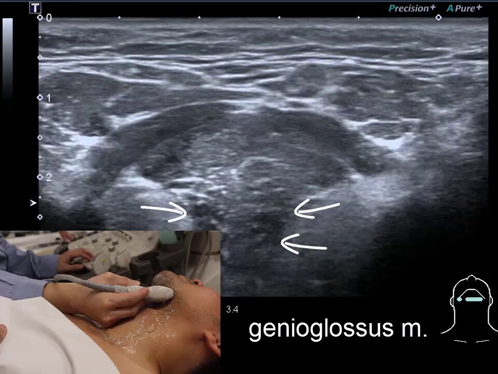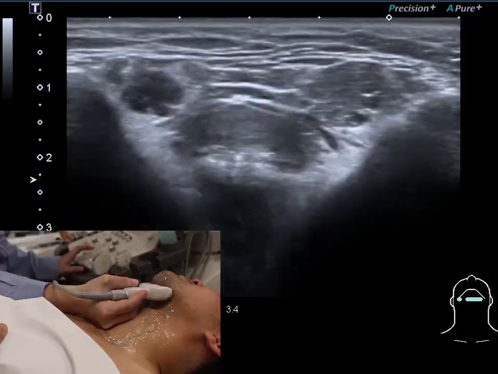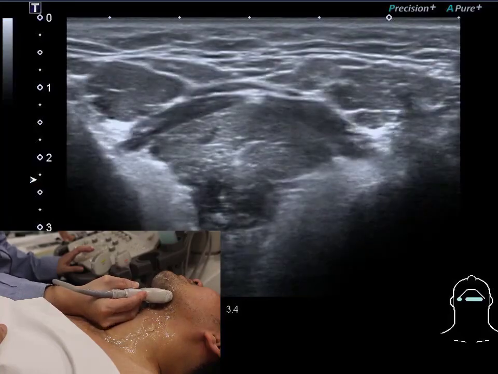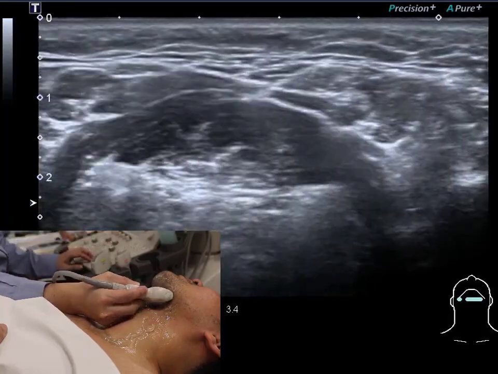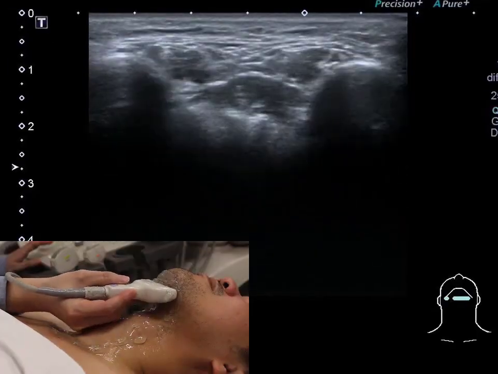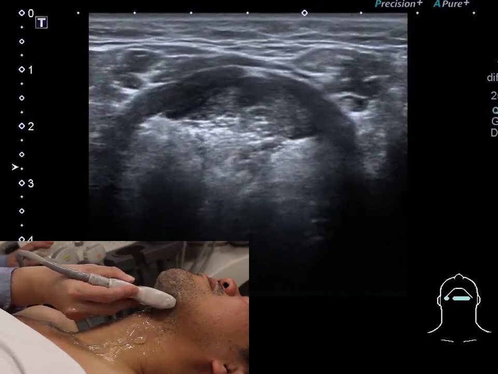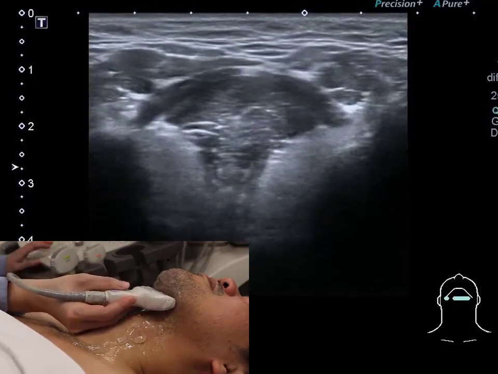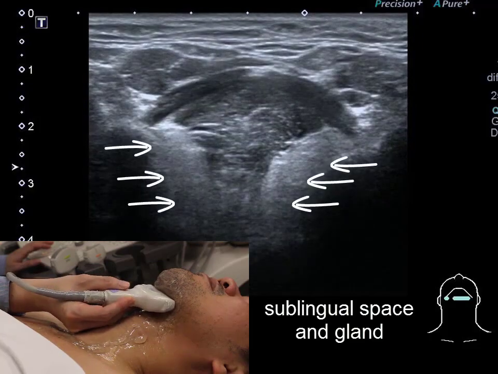It's one of the intrinsic muscles of the tongue, and the fibers are perpendicular to the geniohyoid muscle. If we look at the lateral side of geniohyoid and genioglossus, you're going to see the sublingual space, which contains the sublingual gland and sublingual fat inside.